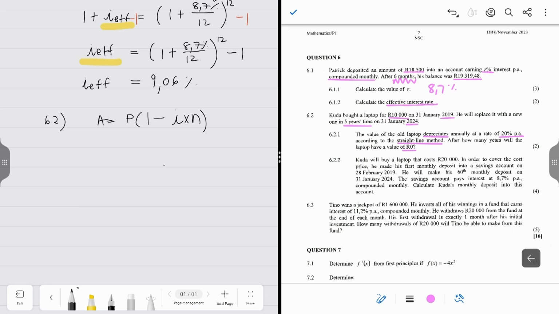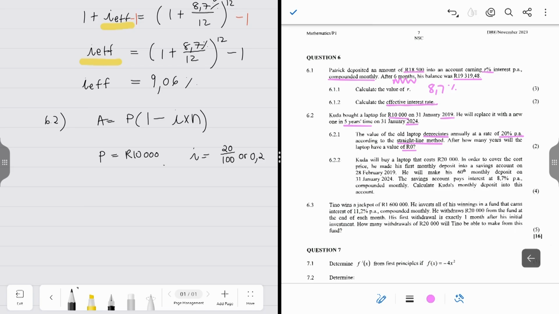So let's first write down what we know. We know that our P value, our initial amount, the amount that he bought the laptop for, is 10,000 Rand. We also know that our interest rate is 20%, so 20 over 100, or we can say 0.2.